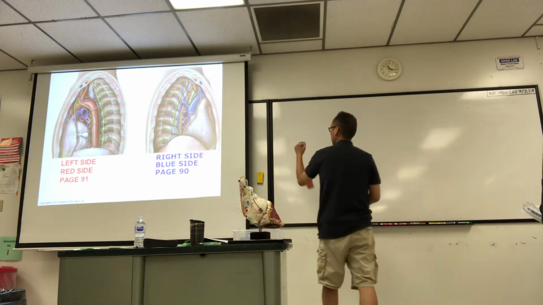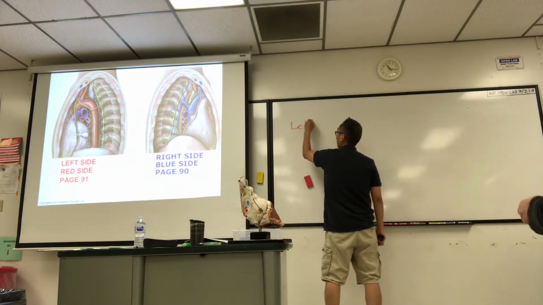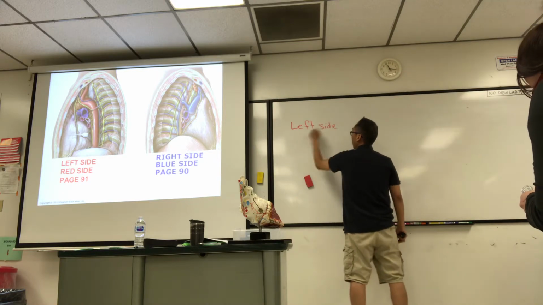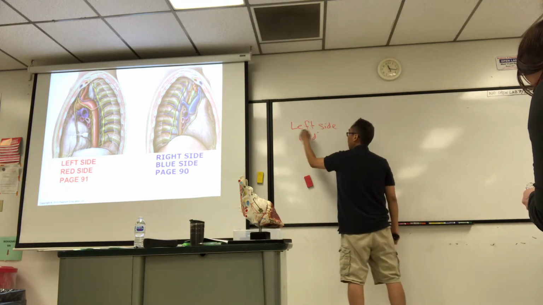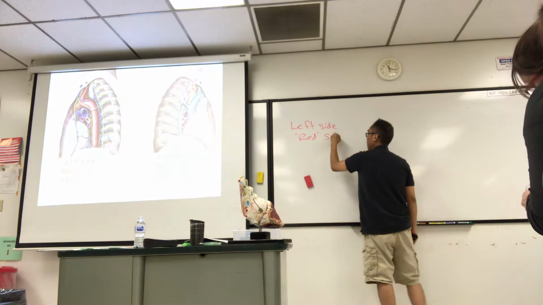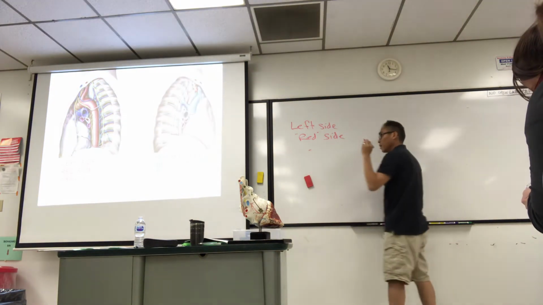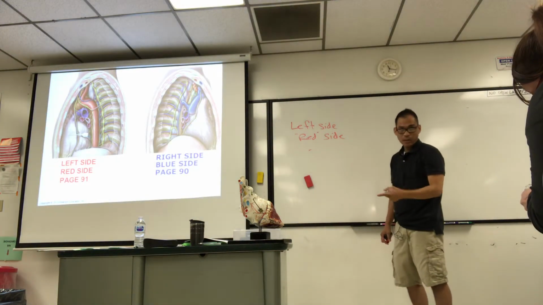The left side is red side, because on that side you can view the descending or thoracic aorta.